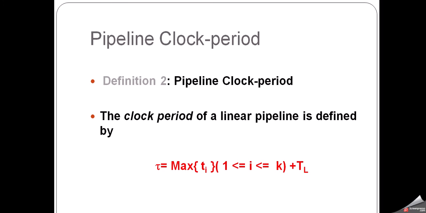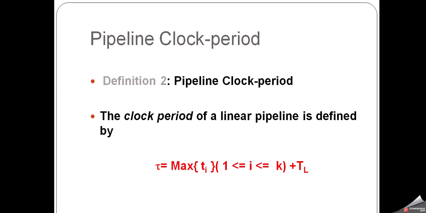It follows that the pipeline clock period has got to be at least as great as the maximum of each delay taken by each stage, added on to the time it takes to operate the memory element.